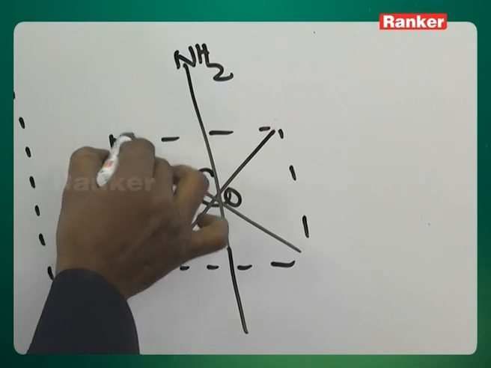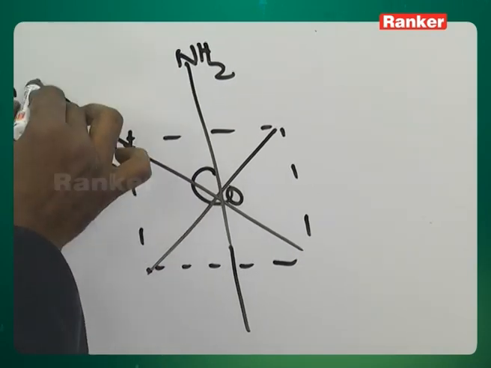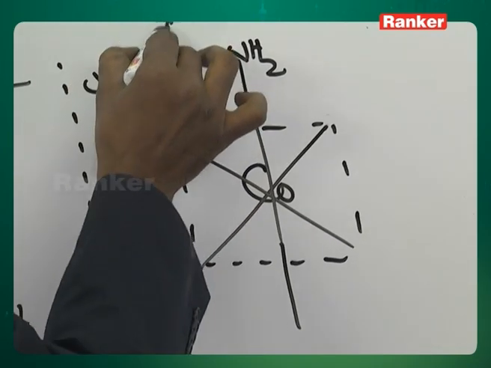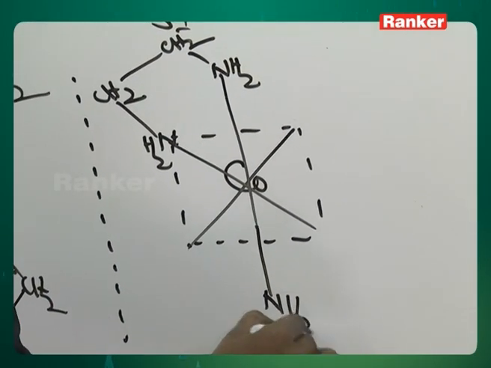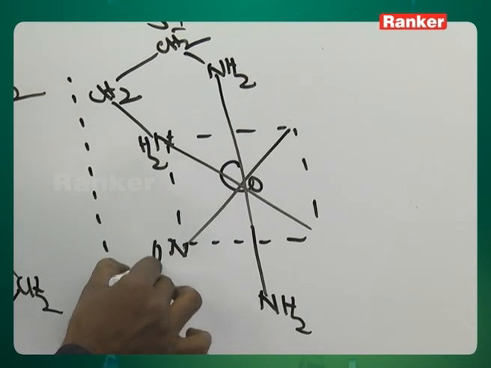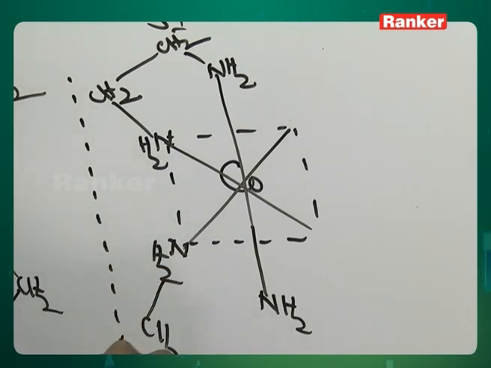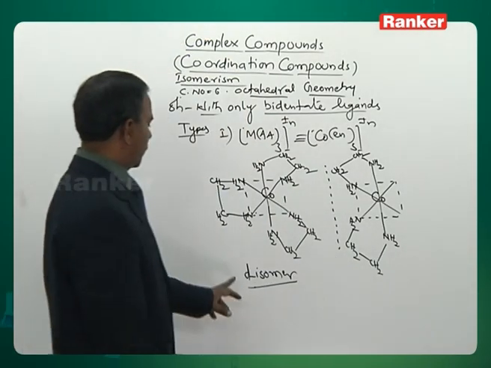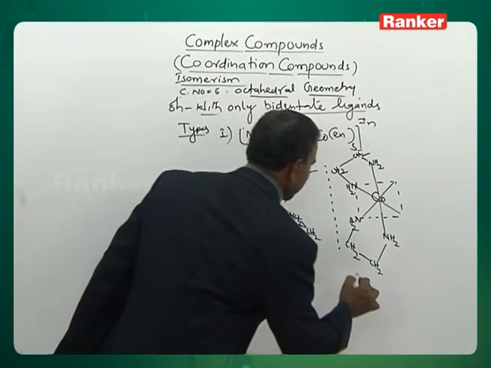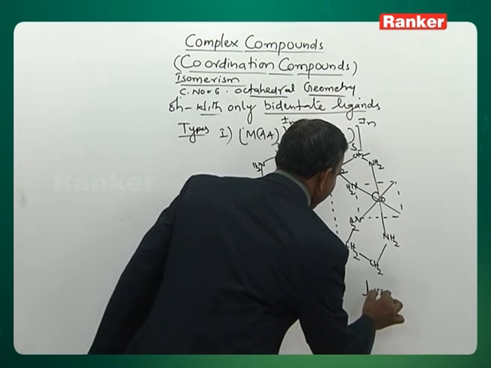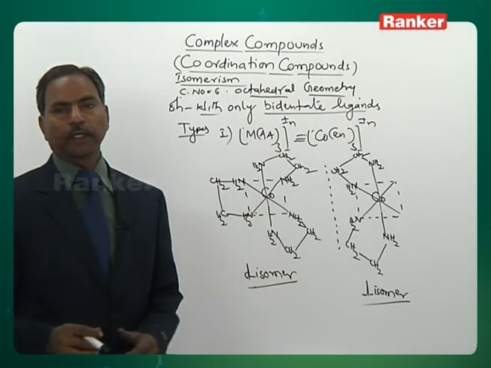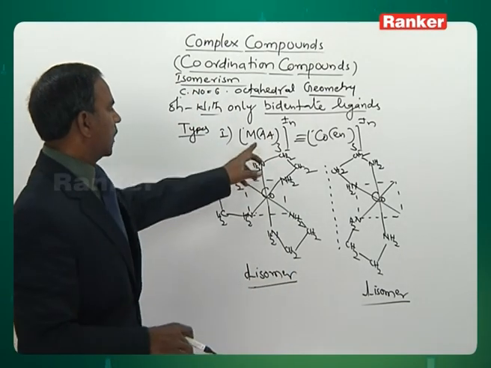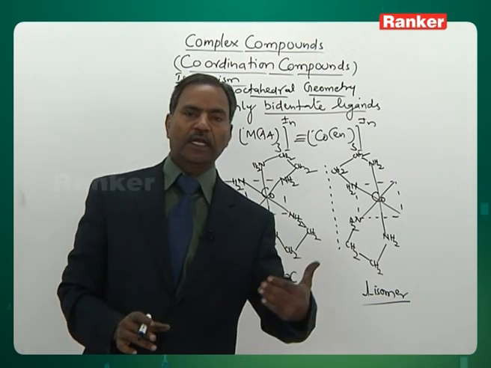For the same mirror image, right? So, when you are saying D, the other mirror image, you can say L isomer. One is D isomer, the other is L isomer. All the same bidentate ligands.